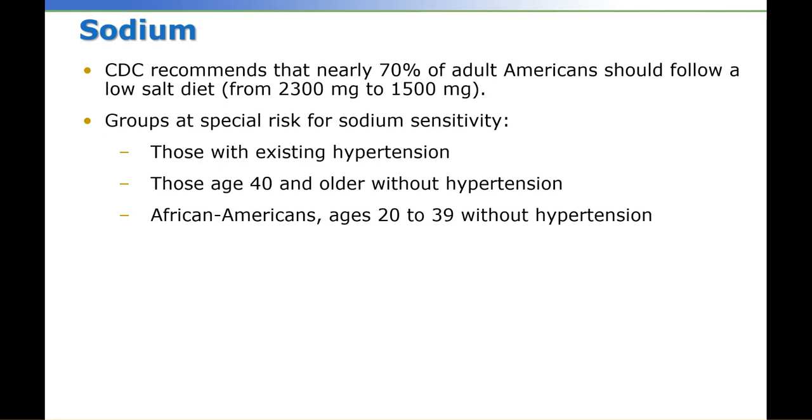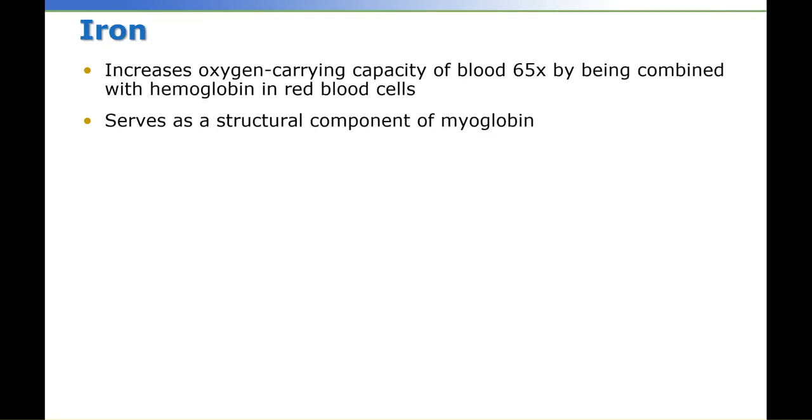And there's sodium in a lot of foods we don't even realize. Groups at special risk for sodium sensitivity are those with existing hypertension, those 40 or older without hypertension, or African Americans ages 20 to 39 without hypertension. Daily recommended intake is 2,300 to 1,500 milligrams.